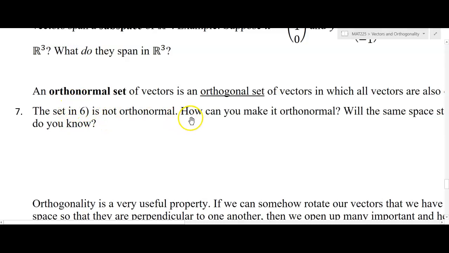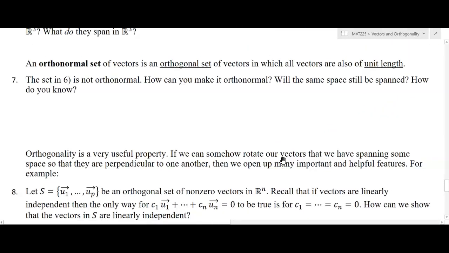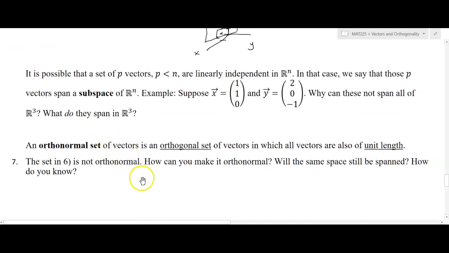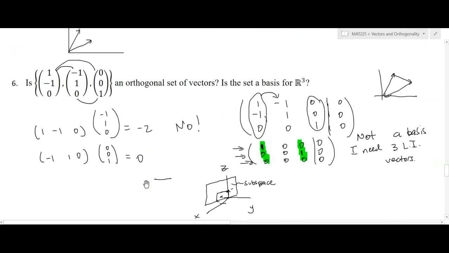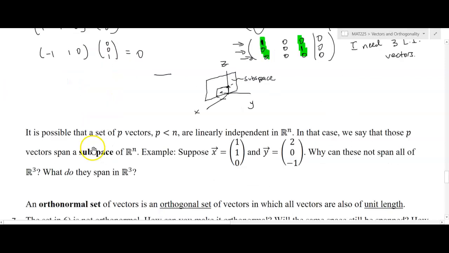So an orthonormal set of vectors is an orthogonal set of vectors in which all vectors are also of unit length. The set in 6 is not orthonormal. How can you make it orthonormal? Well, first of all, this set 6 is not even an orthogonal set, so talking about making it orthonormal doesn't make sense.